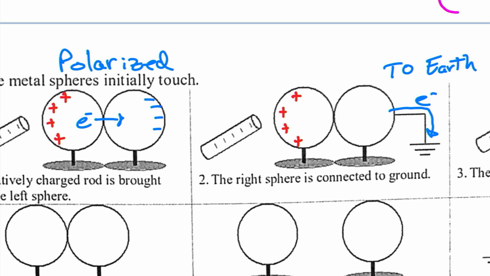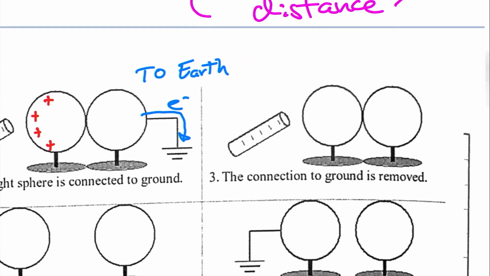And now this right sphere is essentially neutral, and this sphere has an excess of positives. When we remove the grounding, we still have an excess of positives on the left side, but everything else is essentially neutral.